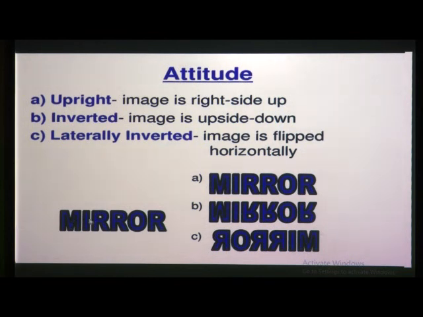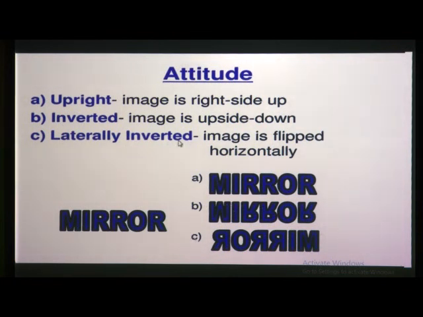The mirror word is in a proper way, but in the image it is exactly opposite. The top side of the word appears at the downside in the image, and the downside of the word appears at the upside.